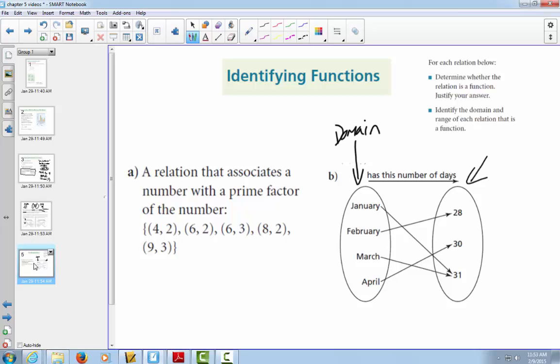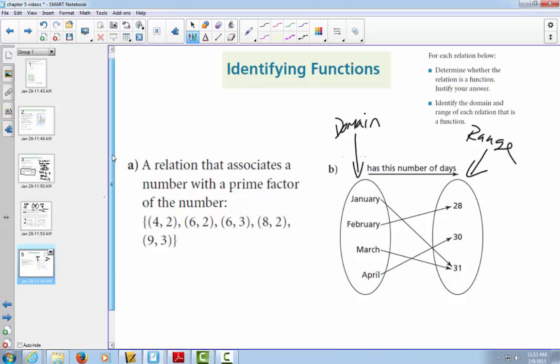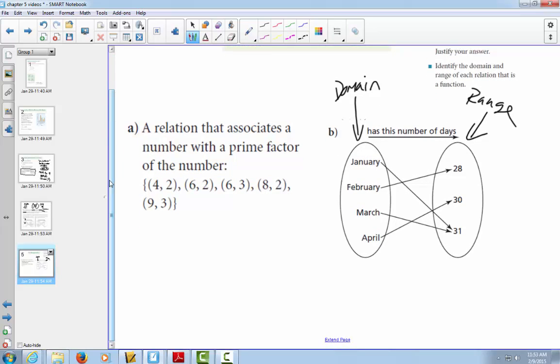Okay? So, determine whether a relation is a function. Justify your answer for each of the following below. A relation that associates a number with a prime factor of the numbers. So I'm going to look at these, and I've got 4. It has 2. And that's the only time I see 4.